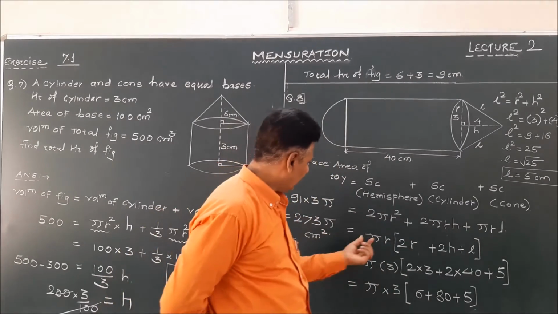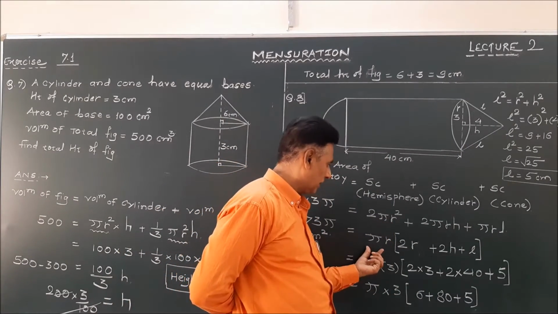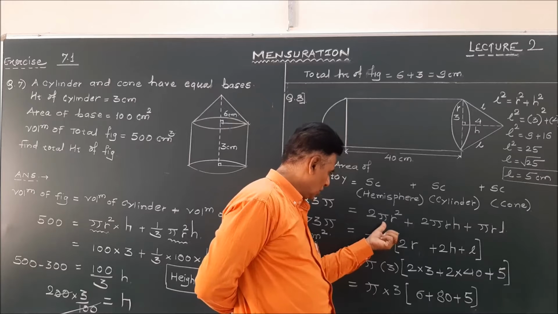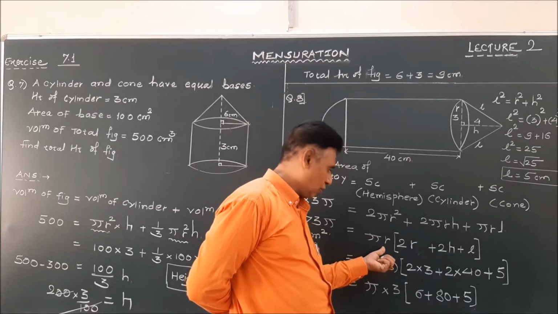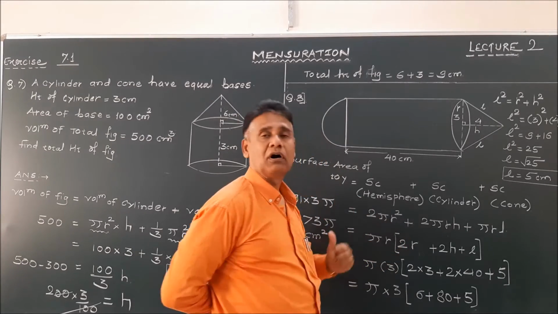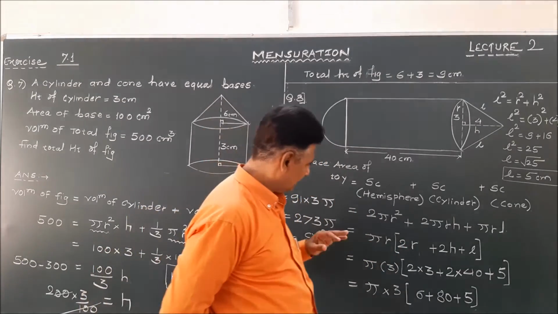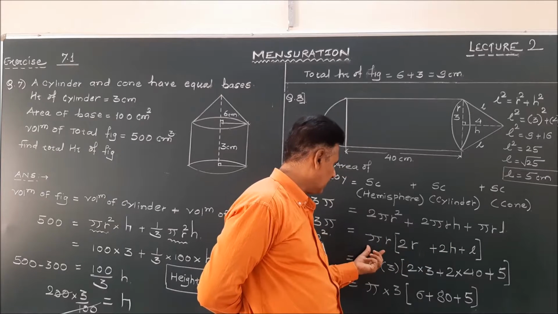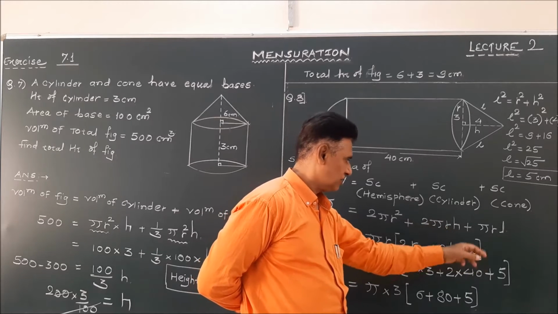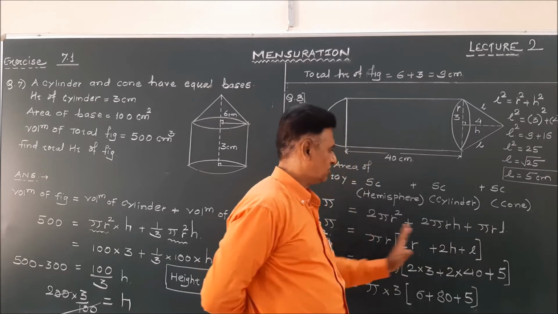So if I take pi r as common, then I am left with 2 r. Pi is already out, and of these 2 r, one is out, so I am left with 2 r. In the same manner, pi r is already out, then I am left with 2h. Pi r is already out, so I am left with l.